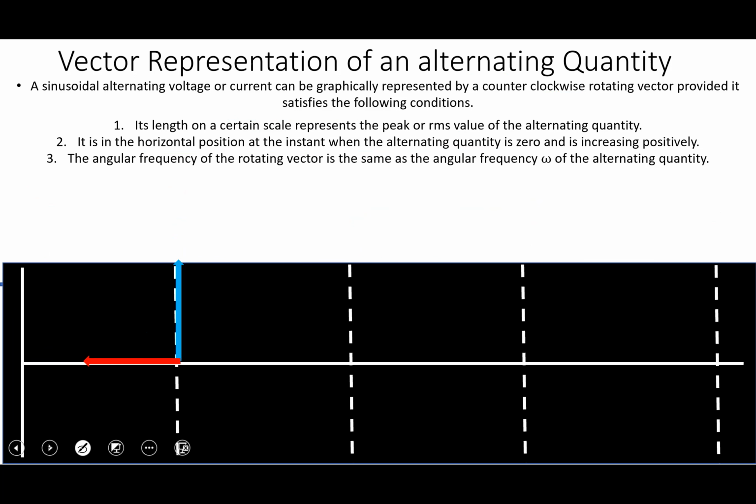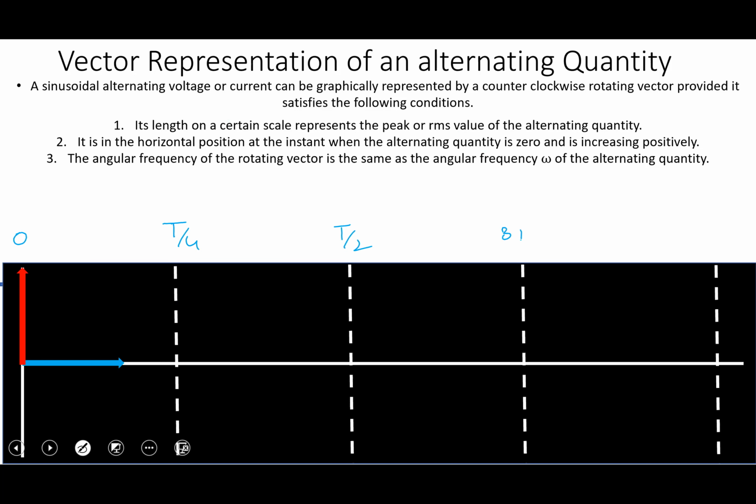And as we can see over here, the current has increased to maximum value at, let's say, the time was 0 over here, and the time over here was T by 4. Again, this is T by 2.